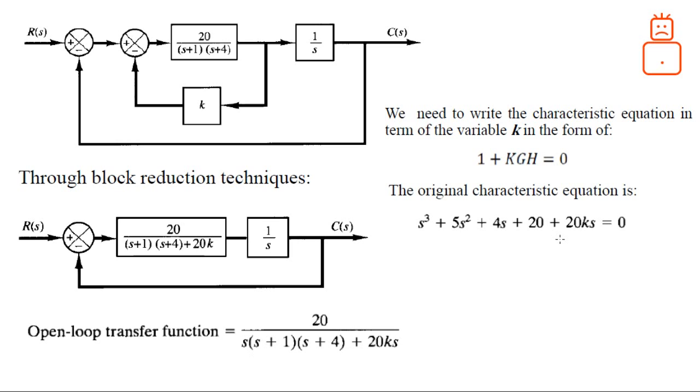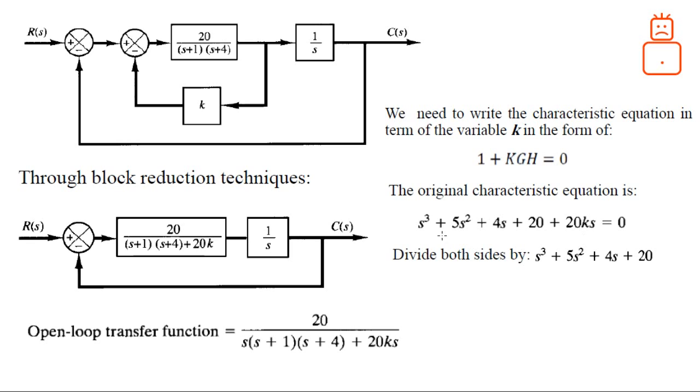What you're going to do is take out the terms that have k in them, the variable that we want to draw the root locus for its variations, put it all in one term and try to divide the whole equation by the other terms that don't have the variable k.